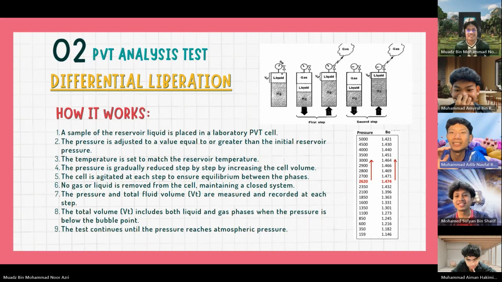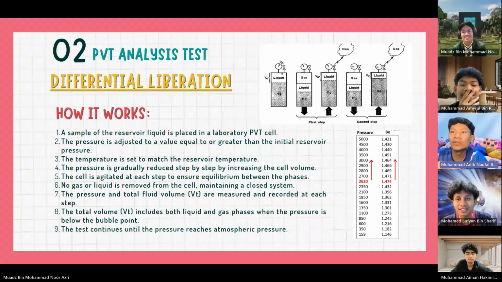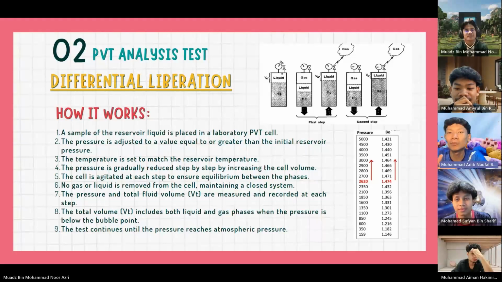The pressure is adjusted to a value equal to or greater than the initial reservoir pressure. The temperature is set to match the reservoir temperature. After that, the pressure is gradually reduced step by step by increasing the cell volume. The cell is agitated at each step to ensure equilibrium between phases.